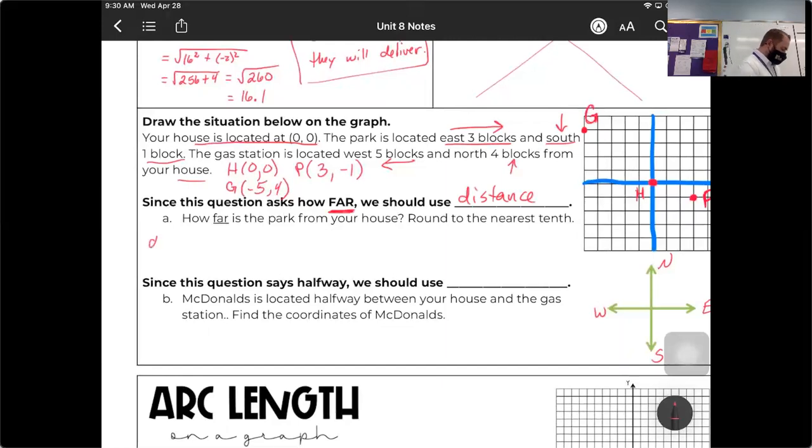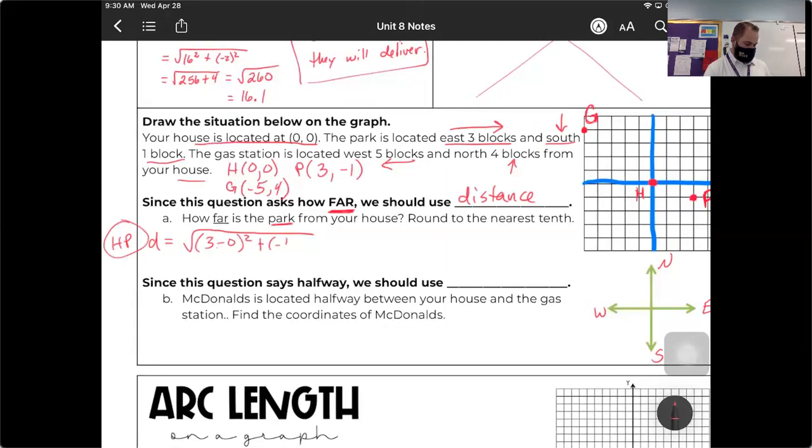So let's do our distance formula using the house coordinates and the park coordinates, P and H. We're looking for the length of segment HP. The park is at 3, your house was at 0, so we do 3 minus 0 squared.